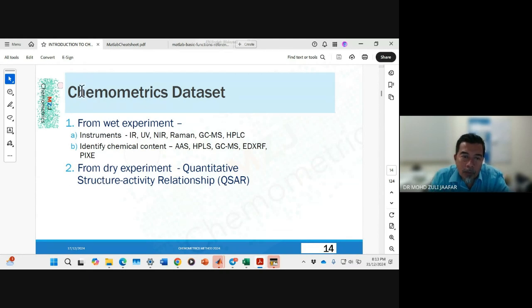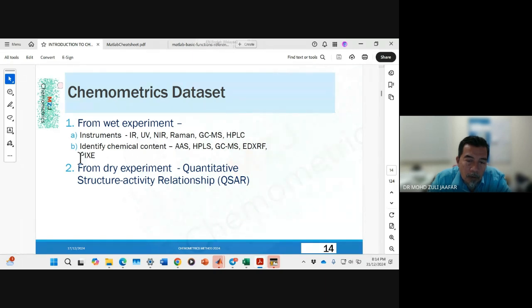Now we are talking about chemometric datasets. When you read any papers about chemometrics, they will explain what dataset they are using, and where the dataset is coming from. So we have two kinds of dataset. One is from what we call wet experiment. For example, you have IR, UV, NIR, Raman, GC, mass spec, HPLC.